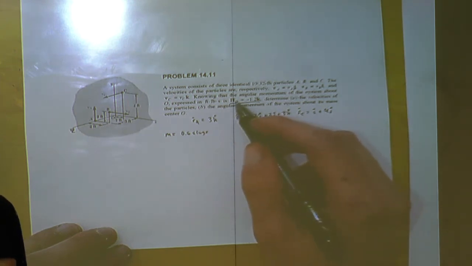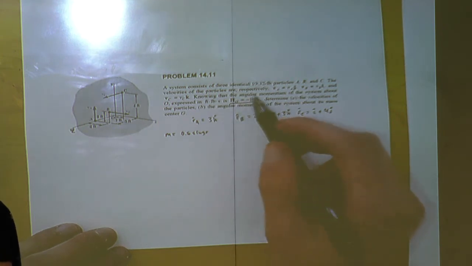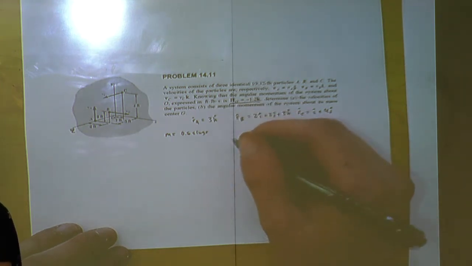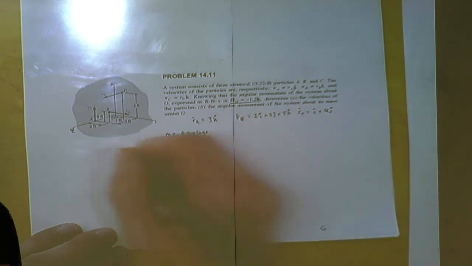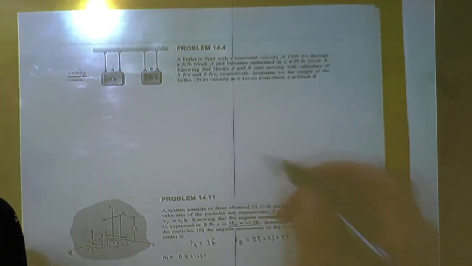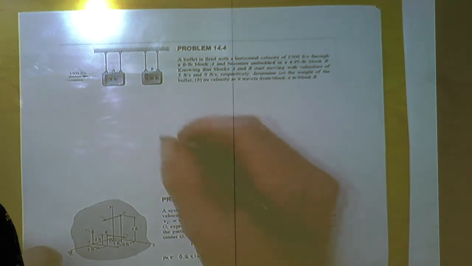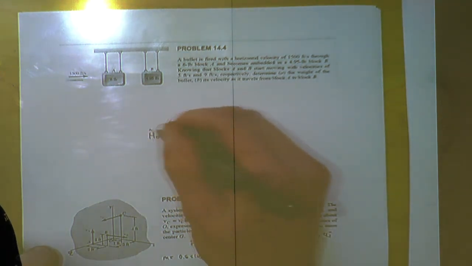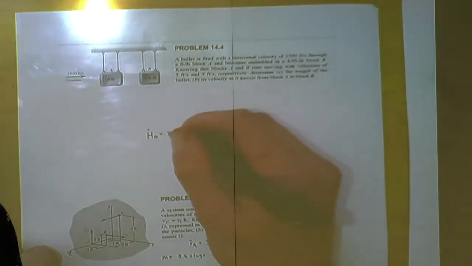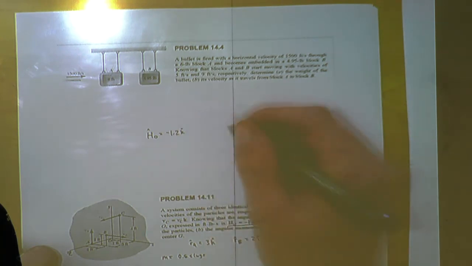velocities are part of this, so we're going to basically solve for this and then use it to solve for the velocities. So I'm just going to go up here since I have some room. We have HO equals negative 1.2k.